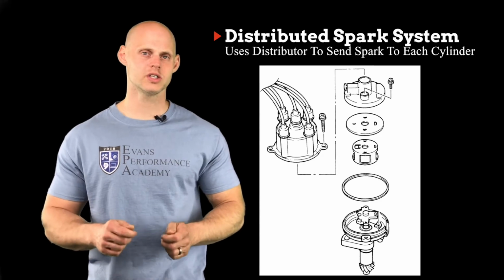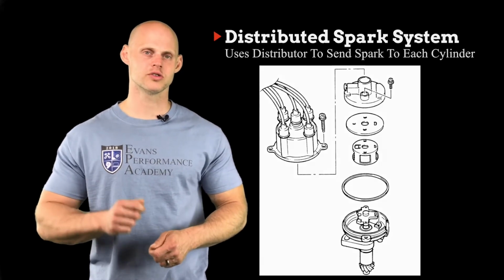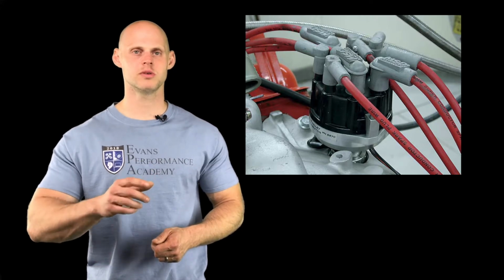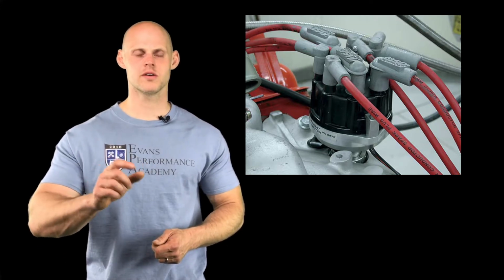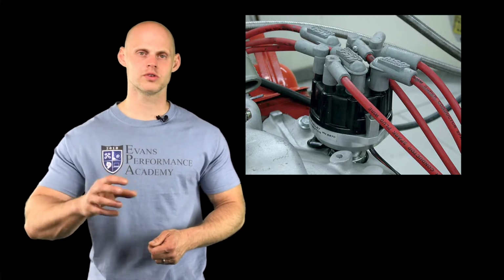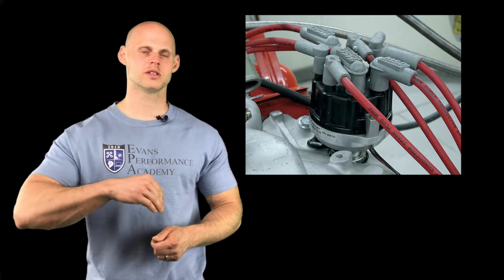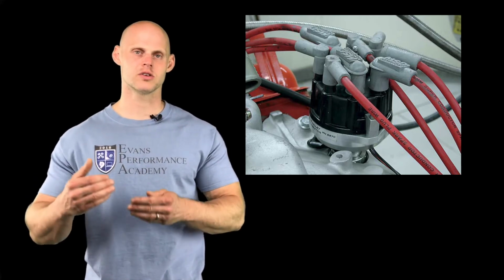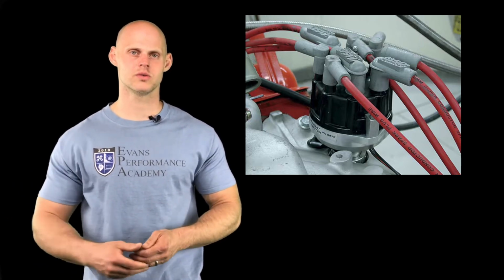Now, the orientation of the spark plug wires to the distributor cap will matter, because there's going to be that physical or mechanical link that we're going to have to take into account. As our rotor spins, it's going to be firing in the firing order of the engine, sending the spark from our ignition coil through the distributor cap, and the rotor is going to basically transfer that spark energy to the correct point, to the correct cylinder to fire the spark plug when we are telling it to.